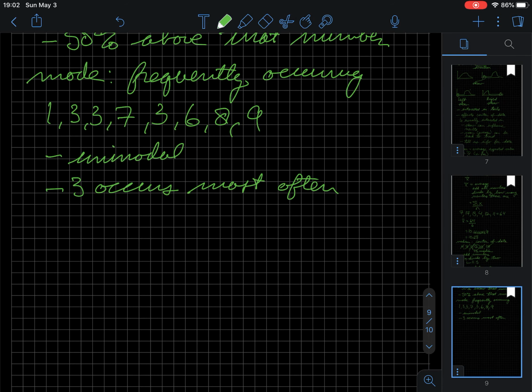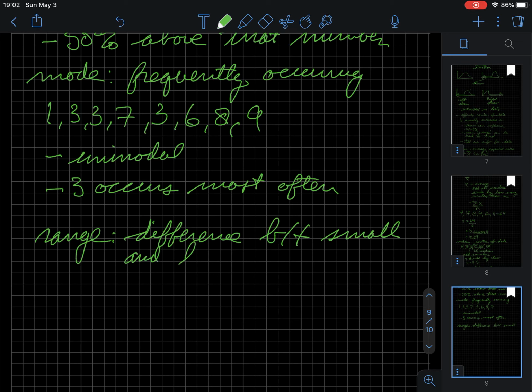Then we're also interested in the range. This is the difference between the smallest and largest numbers.